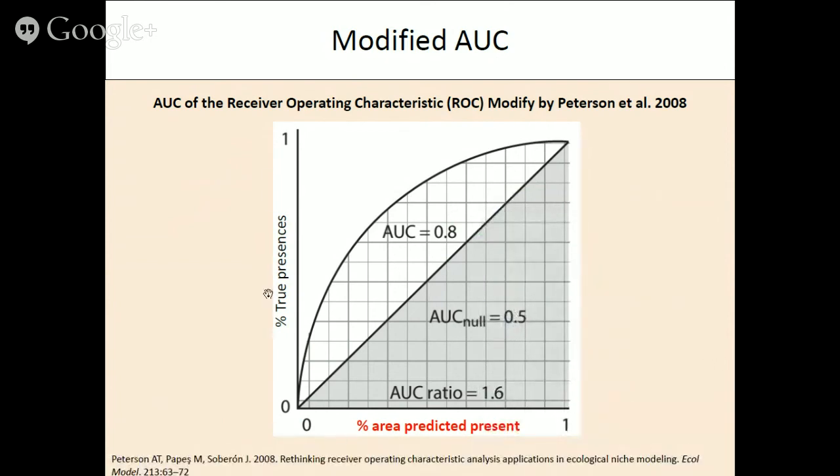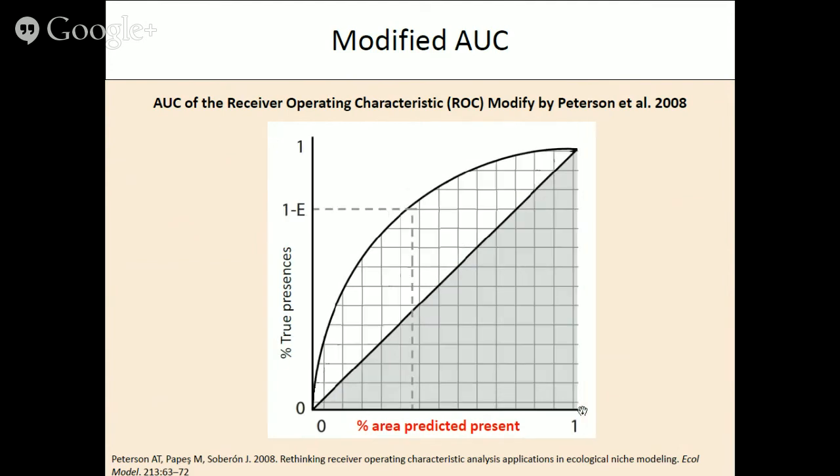So we are going to work with the evaluation points and the area predicted present, because I have the knowledge for both of them. What this measure does is work with the level of error that I can support in my prediction.